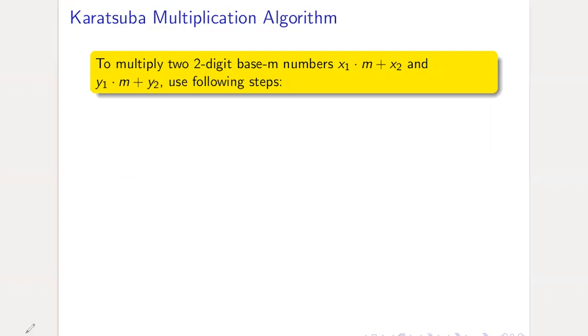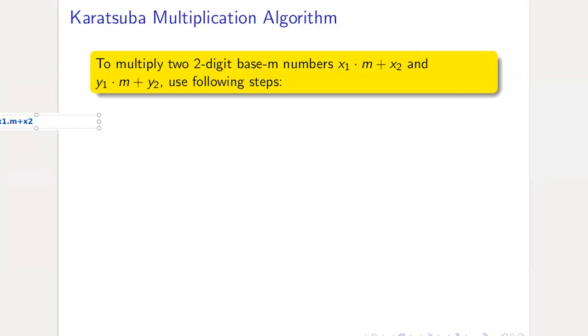Essentially, let's say number n1. n1 can be written as x1 times m, where m is the base, plus x2.